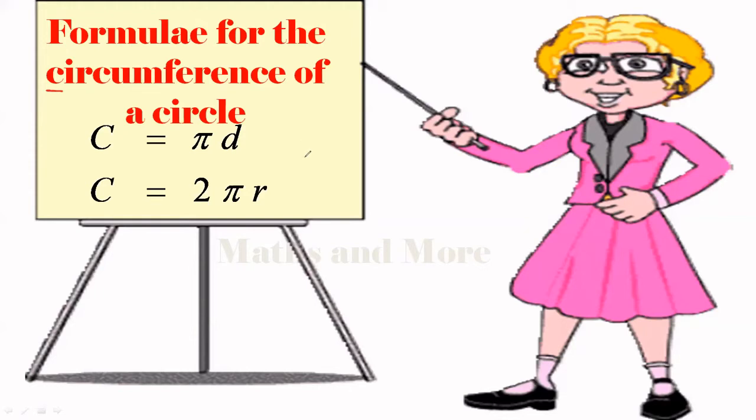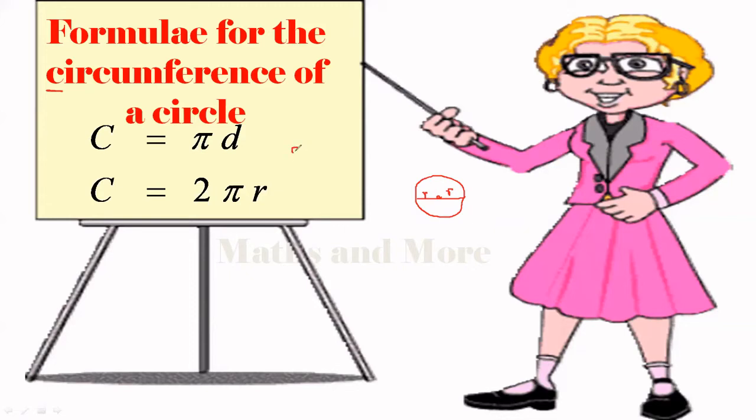You know that the diameter D of a circle is equal to 2 times the radius, r plus r. So r plus r equals 2r.